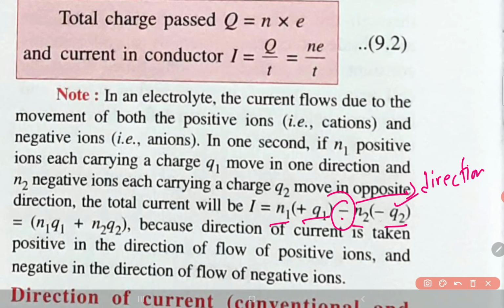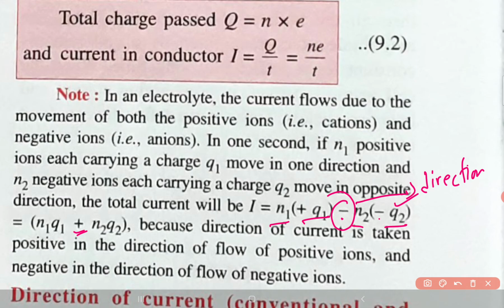Now this minus multiplied by this minus should become a positive, so n1 q1 plus n2 q2 is the total amount of current flowing in the electrolyte, because the direction of the current is taken positive in the direction of the flow of the positive ions. That means the direction of the current is taken from the positive terminal to the negative terminal, and the negative in the direction of the flow of the negative ions.